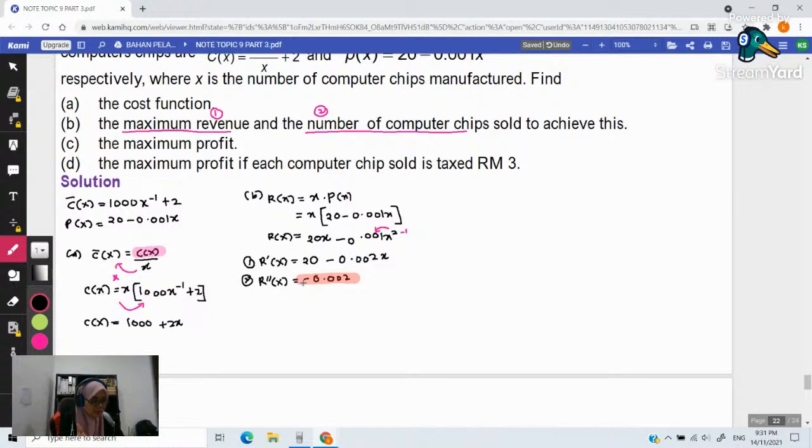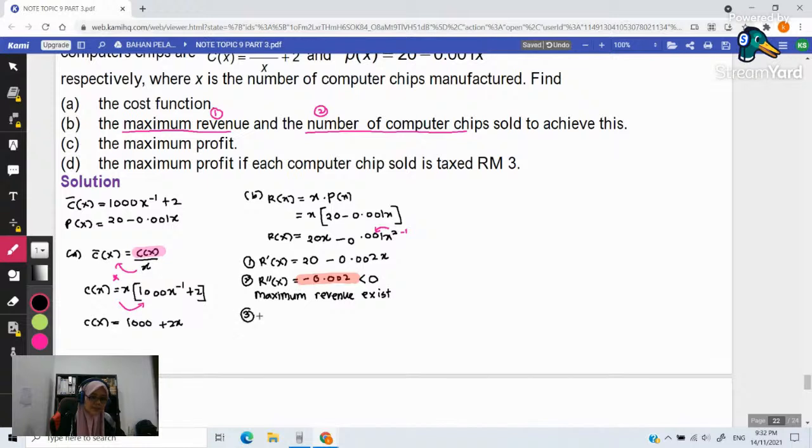Is it greater than 0, less than 0, or equal to 0? So it is less than 0. What happens if the constant second derivative is less than 0? Maximum revenue exists. So this is your second step.